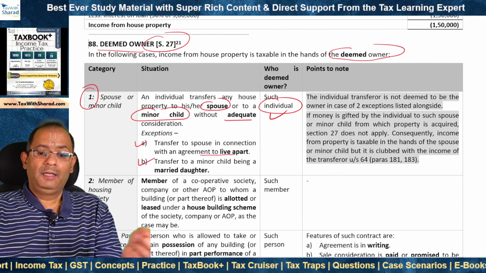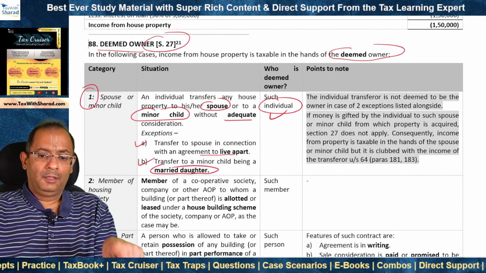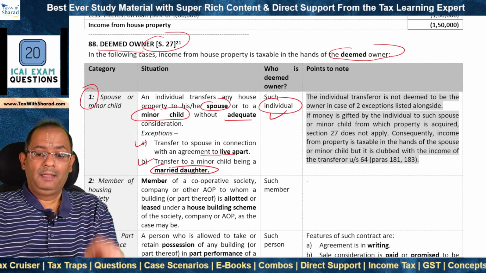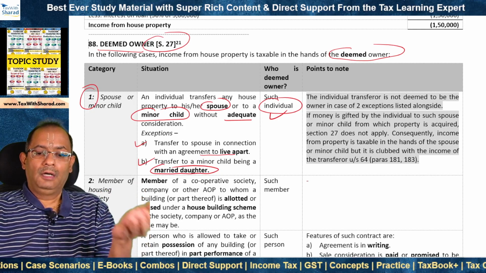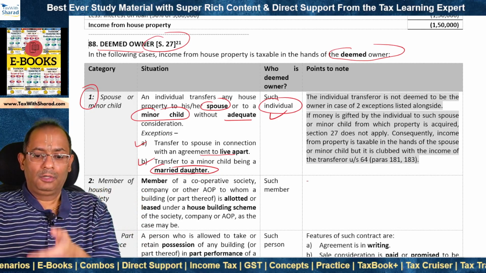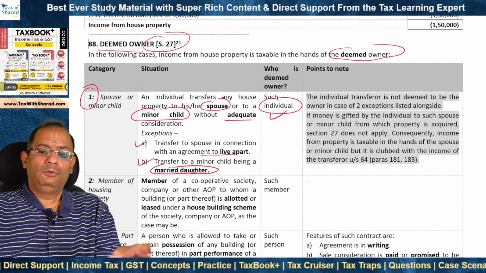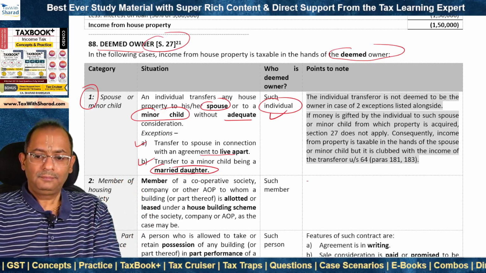Second exception is where the transfer is to a minor child who is a married daughter. So if the minor child, not a major child, is a married daughter and the individual has transferred the house property to such married daughter, then the individual is not deemed to be the owner and income from house property is not taxable in his hands.